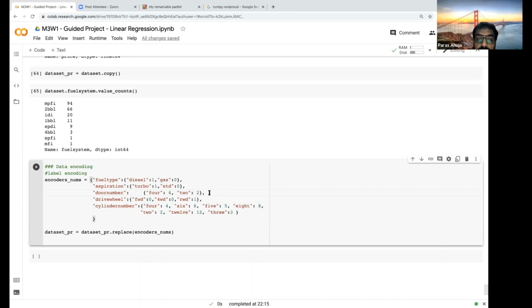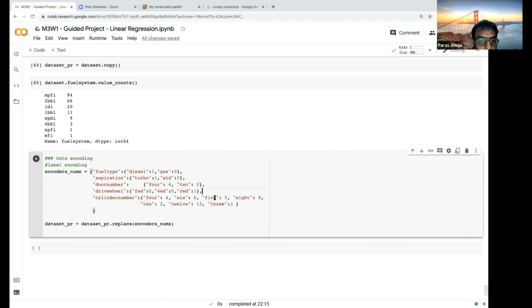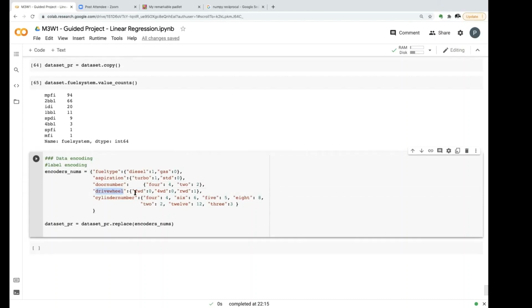Number of doors is not a category, it's a numerical value. Yeah, ordinal, right? So that ordinality we have to take care of.